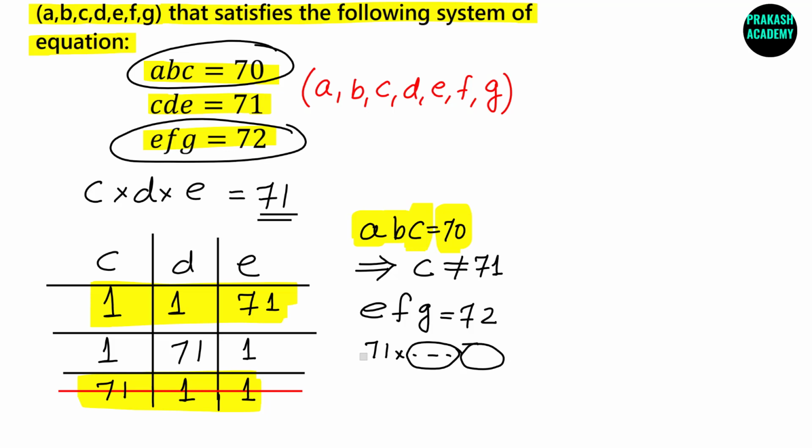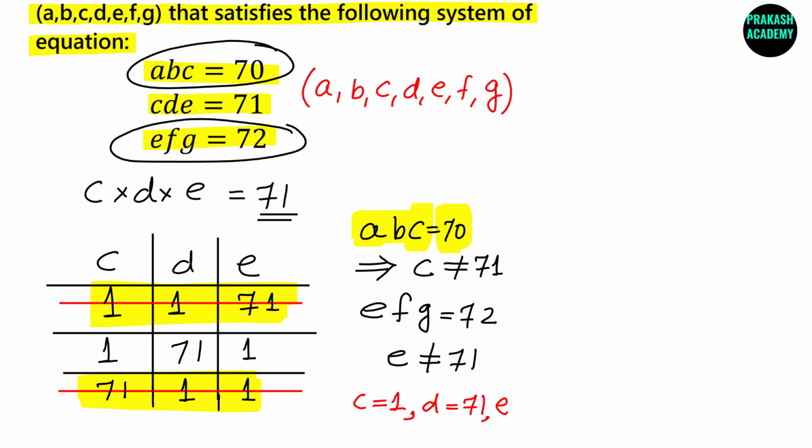This can never be 72 because one number is 71. So once again I can say e cannot be 71. This is not a possibility, so this solution is also ruled out. So now I am left with only one solution, in which c is equal to 1, d is equal to 71 and e is equal to 1.